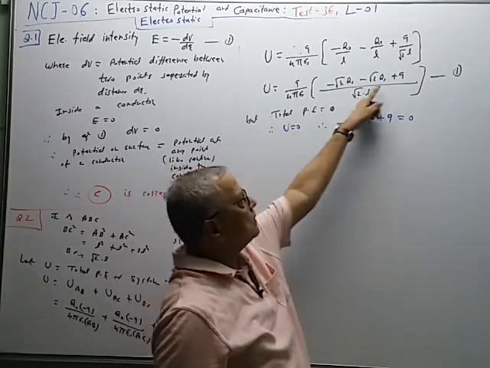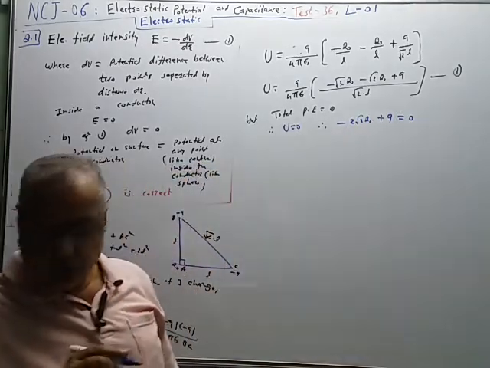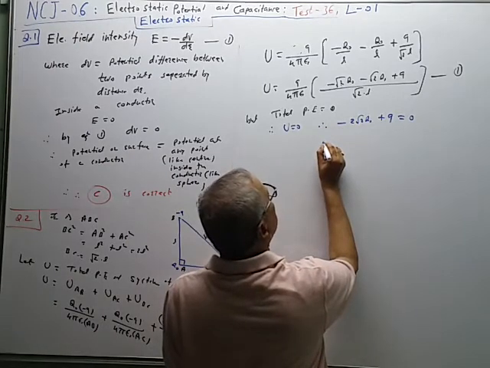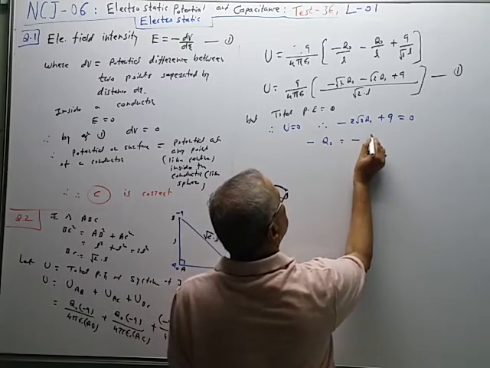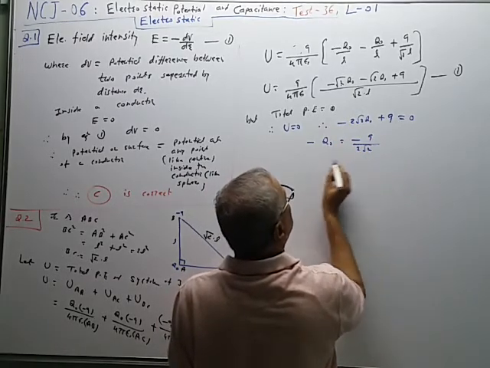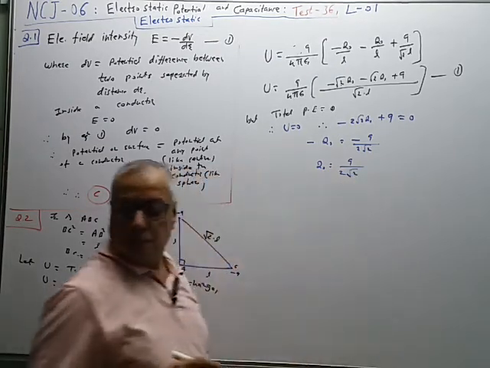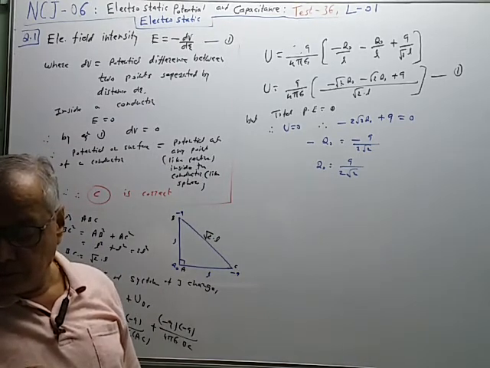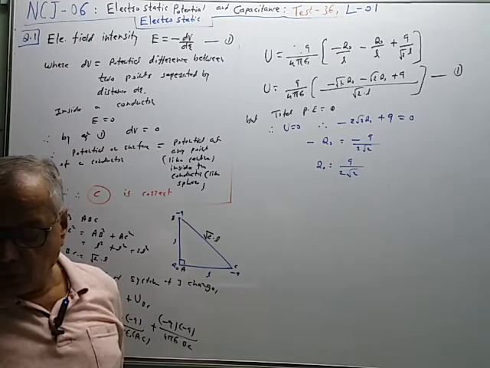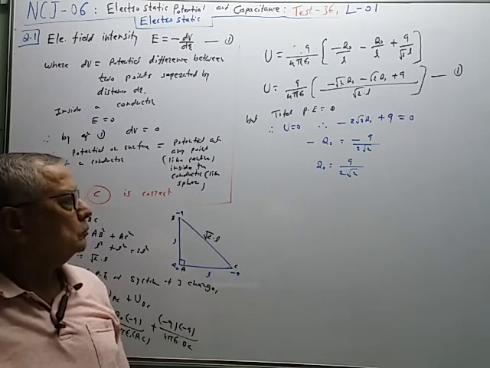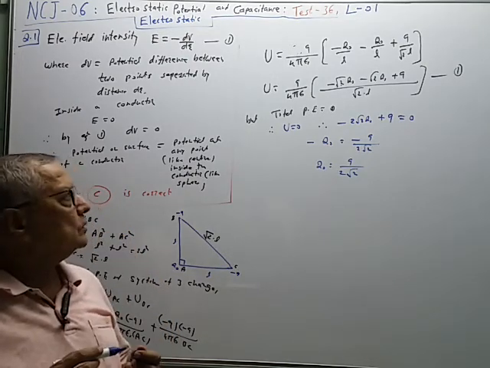This is 0, therefore this bracket is 0, numerator becomes 0, and therefore we have to find the value of Q0. So minus Q0 is equal to minus Q upon 2 root 2, and therefore Q0 is equal to Q upon 2 root 2. So this is the value.